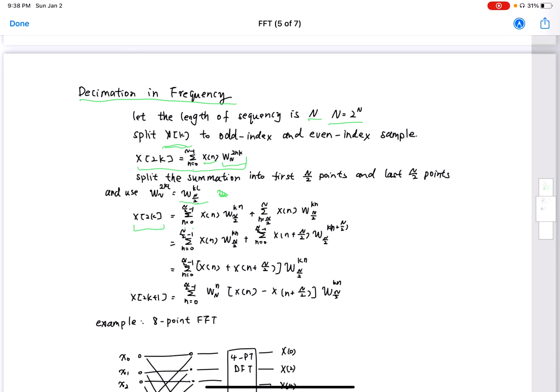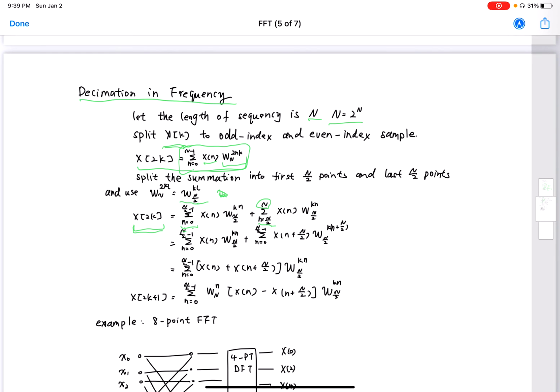After we rewrite the omega here, we split the summation of x[n] into the summation of the first N over 2 points and the last N over 2 points. So the first summation is n from 0 to N over 2 minus 1, and the last summation is n from N over 2 to N minus 1.